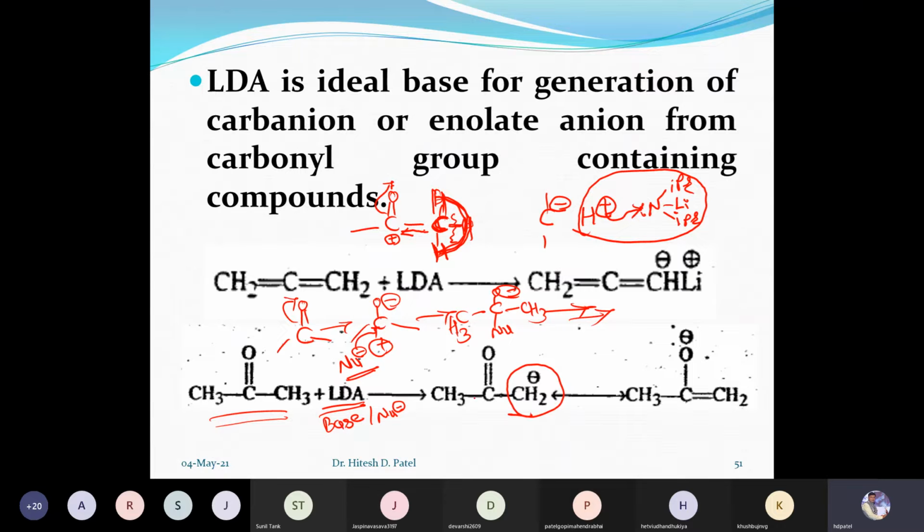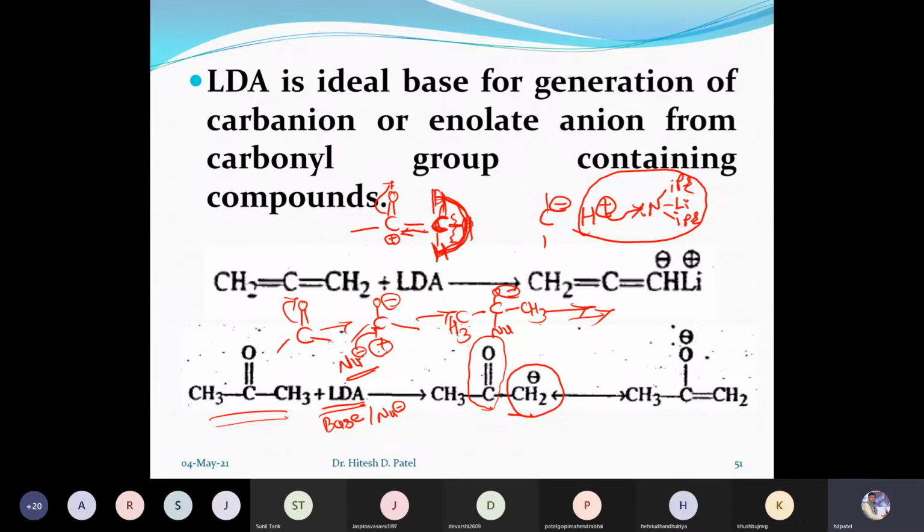In the reagent chapter, on reactive intermediates, I have explained how we can generate a carbanion from acetone. But here I have explained the same thing with the support of LDA, lithium diisopropylamide. So now we are having a carbanion, and this carbon is attached to another carbon. Which functional group is there?